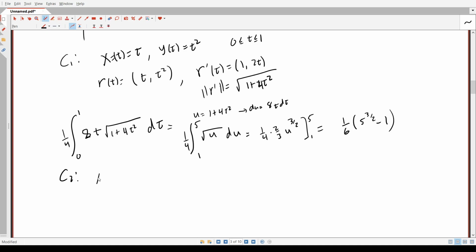There we go. Okay, so we have x of t is just going to be fixed at 1. This is a weird angle. What is going on?